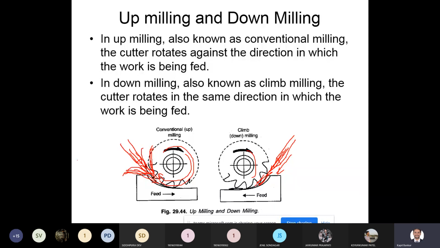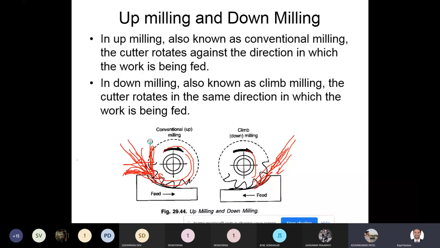Cutting fluid will easily enter and will not spread outside the machining. But here, due to the opposite direction of the tool, the cutting fluid will be spread in this manner. So it is very difficult.